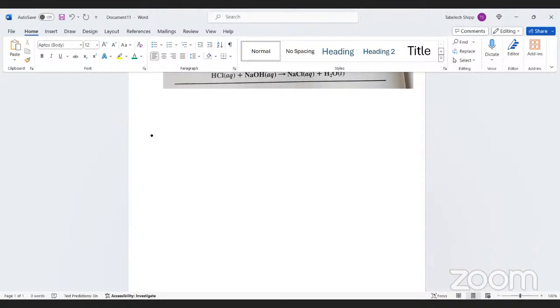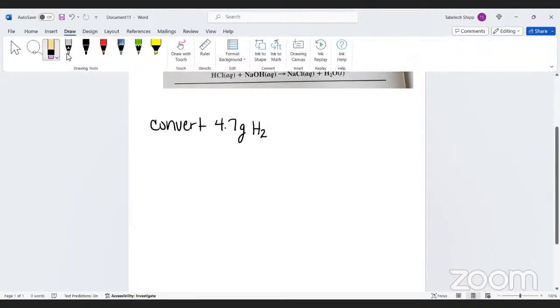So for instance, if I say convert, let's say 4.7 grams of, we're going to keep it basic for right now so you can see this. What if I said convert 4.7 grams of neon to a mole?